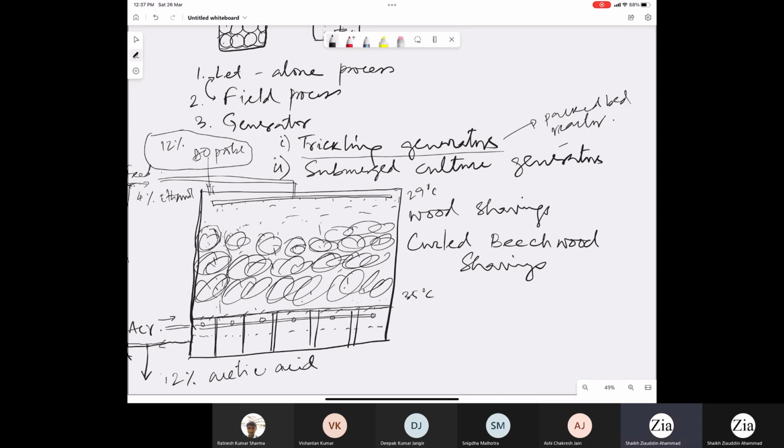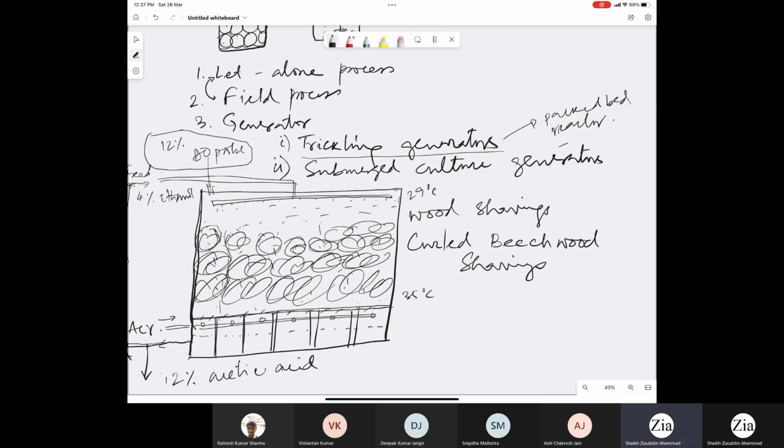And one generator can be used for almost 20 years. Even if you don't spend too much money on this particular construction, the wooden generator can be used for about 20 years.